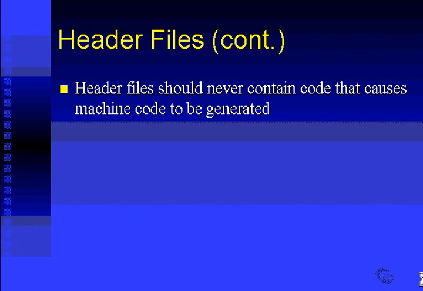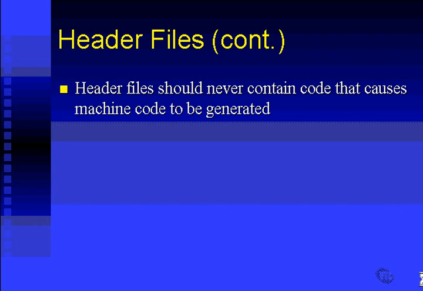Those are what I'm talking about when I say machine code gets generated: instructions, steps that the program can follow when it's running. x = y - 3 or something like that. That is an assignment statement. There's a bit of subtraction happening and then an assignment statement. That should never go into a header file. Well, not unless you're just trying to prove a point. It can go into a header file, but I strongly recommend against it.